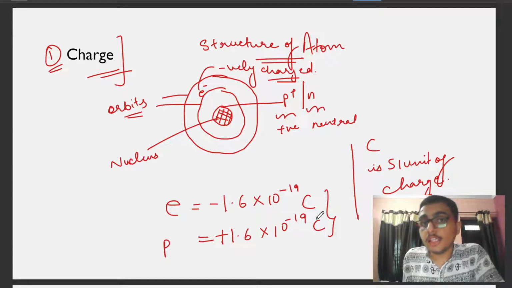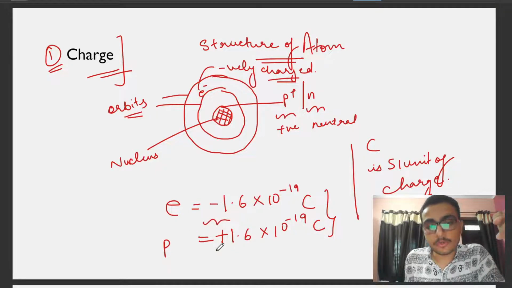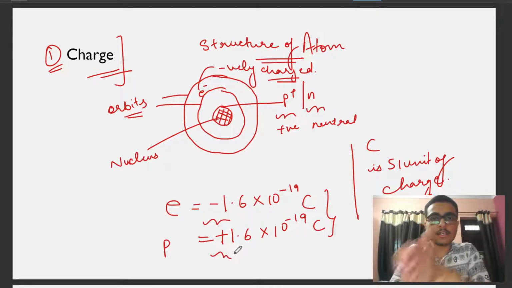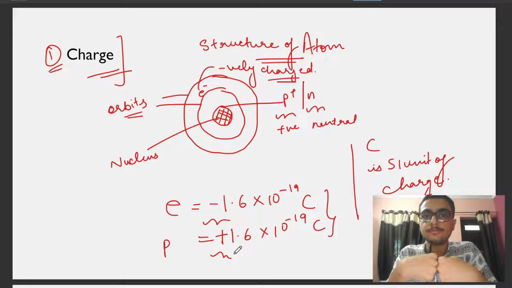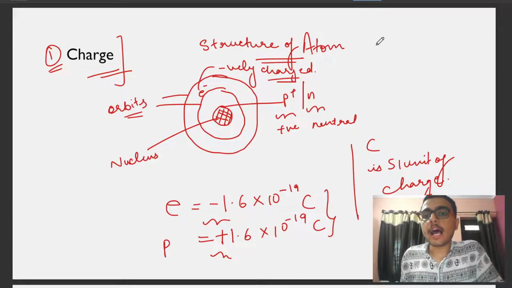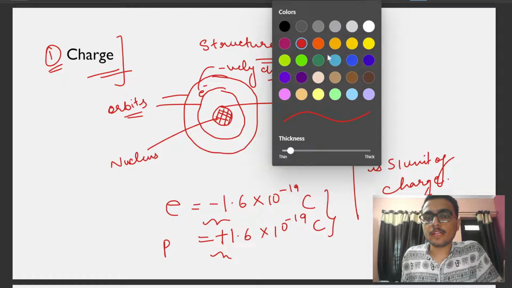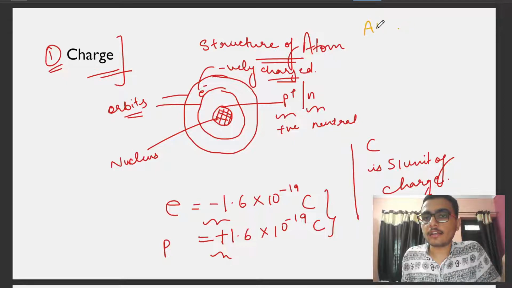These two carry equal magnitude of charge, but the signs are opposite. If one is negative, the other is positive. If one has a sword, the other has a shield. Both are ready to kill each other. This is the reason why atoms are electrically neutral.